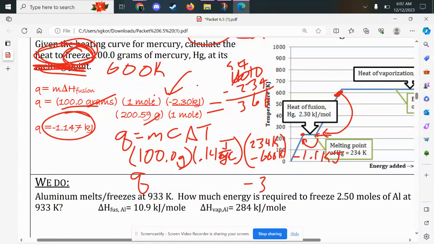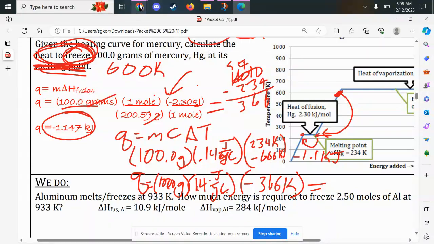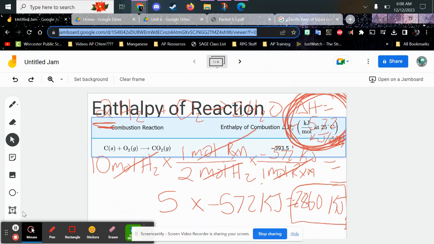This is negative 366 Kelvin times 0.14 joules per gram C. Remember, the C and the K don't matter because it's both change in temperature. So change in temperature is the same for Kelvin and Celsius. And now I just got to plug this into my calculator, which I don't have. So I'm going to go do that and pause and figure out what it is.